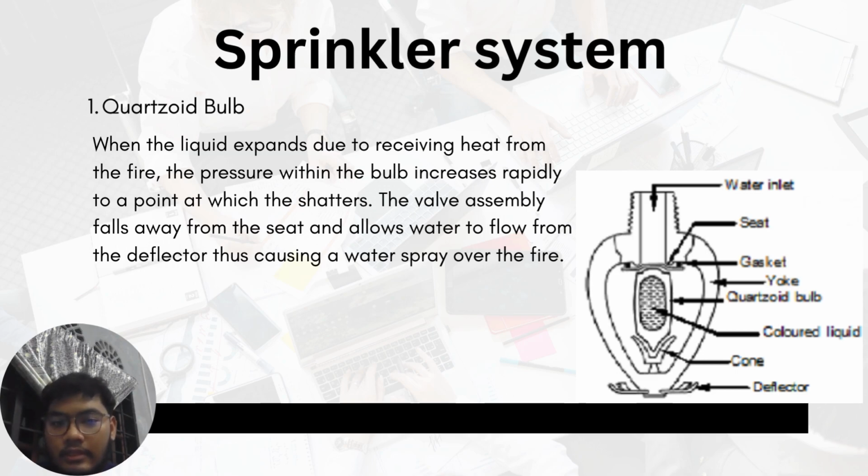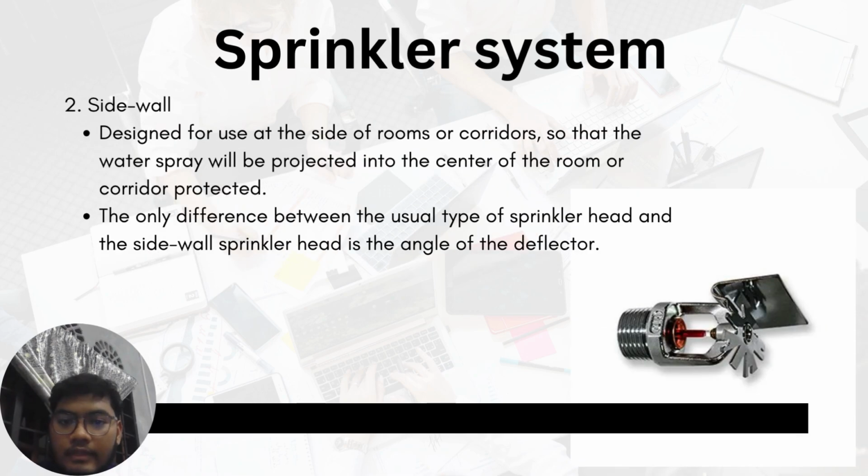The pressure within the bulb increases rapidly to a point at which it shatters. The valve assembly falls away from the seat and allows water to flow from the deflector, thus causing a water spray over the fire.